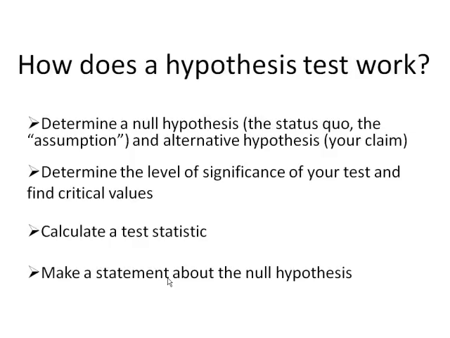So for example, with the temperatures, if I reject the null hypothesis, I can say I've got evidence to reject the null hypothesis of 98.6 being the mean, and in fact it may be less than 98.6. Or I can say I fail to reject the null hypothesis. I don't have enough evidence to show that the mean is anything other than 98.6.